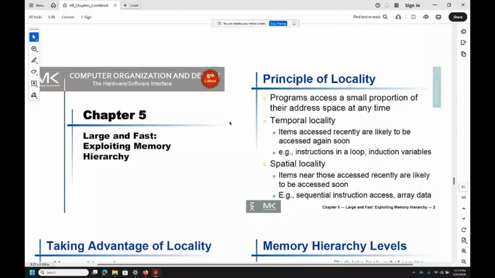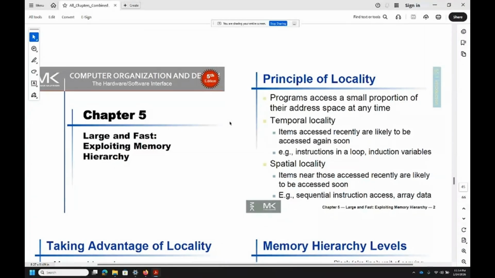So the biggest example of this is, of course, arrays. If you access element 1 of an array, the chances are very high that you're going to access element 2 very soon. And if you access element 2, then element 3 is likely to be accessed, and so on and so forth. So if you are running one line of code of one program, then the chances are very high that you will run the next line of code of that program before jumping to something else. So spatial means location.